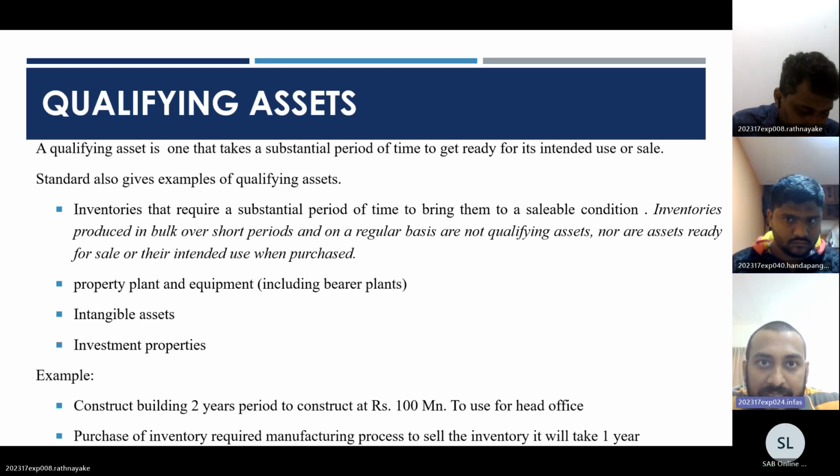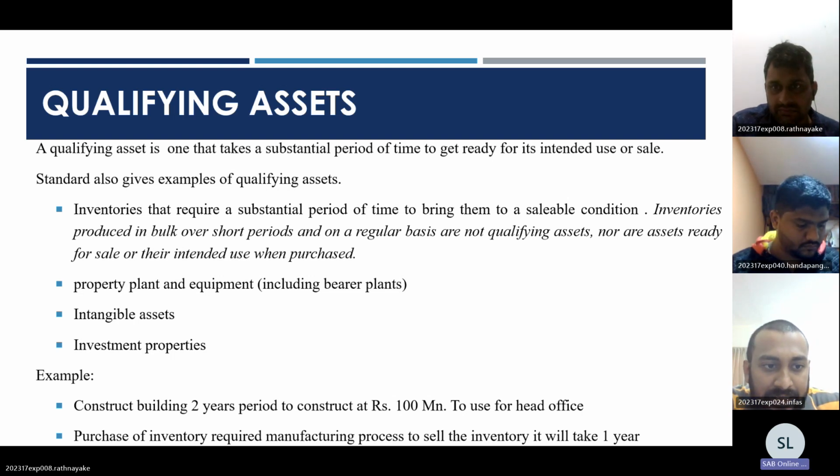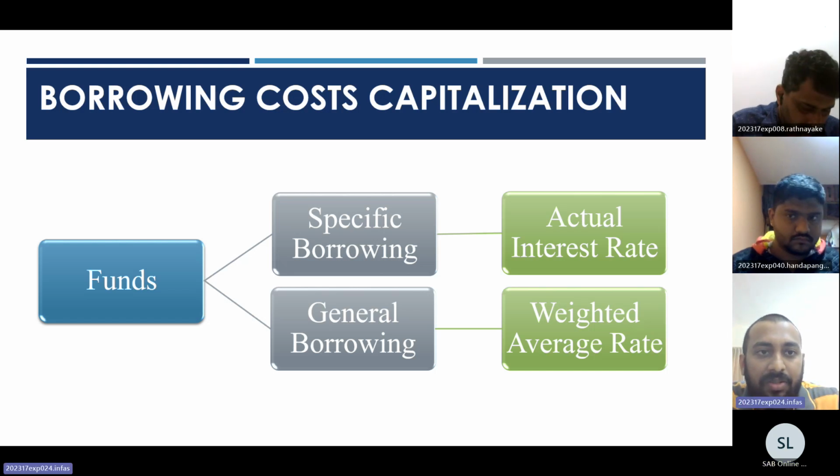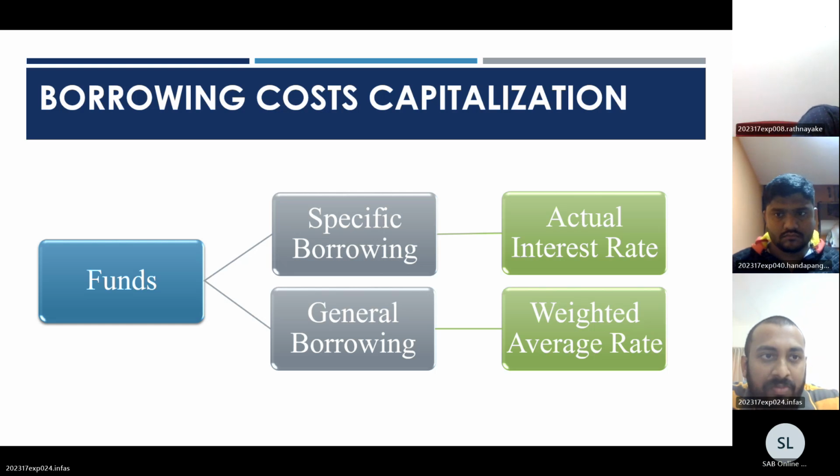Moving on to the next slide, borrowing cost capitalization. When we borrow funds to acquire an asset, it can be specific funding or general funding.